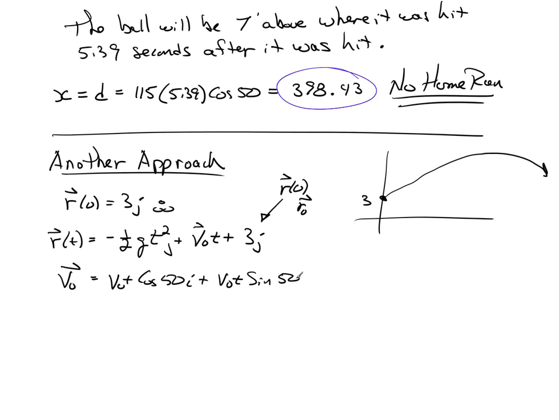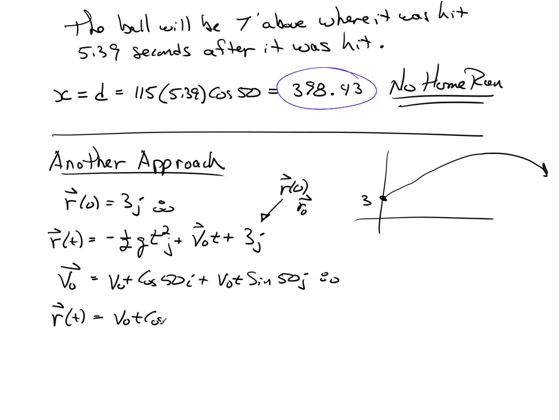Therefore, when I combine these things, r of t is going to be equal to v naught t cosine 50i.